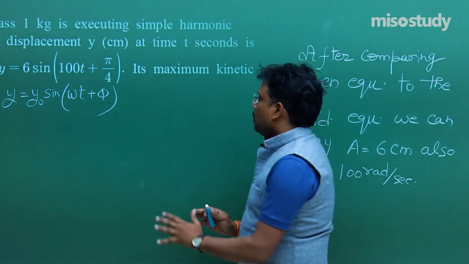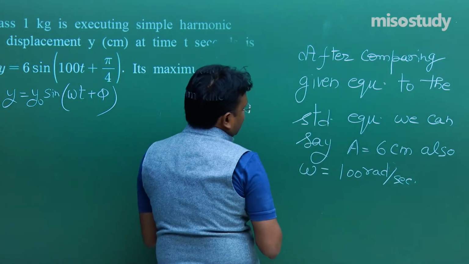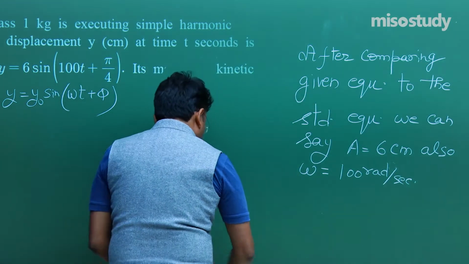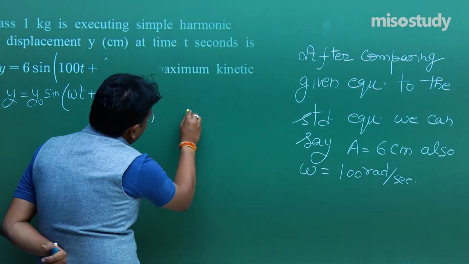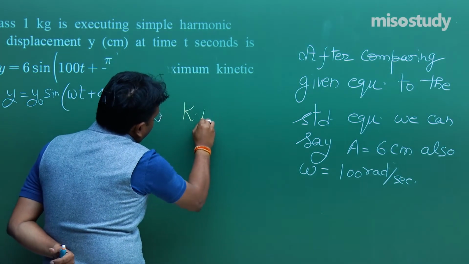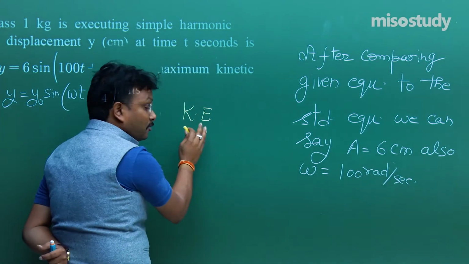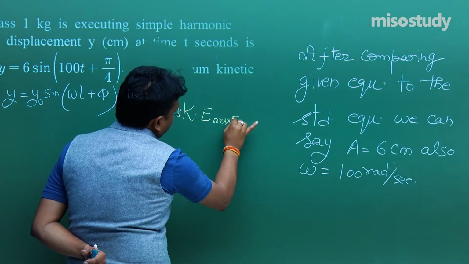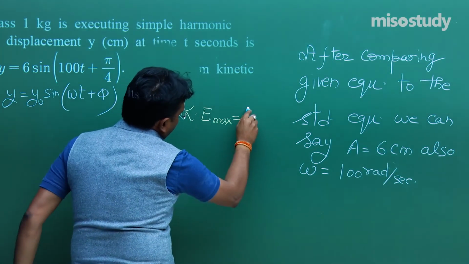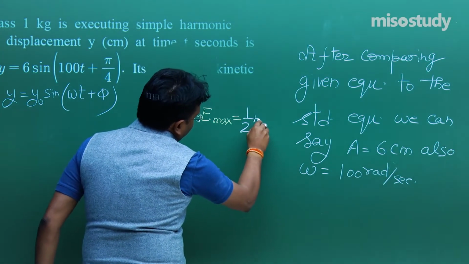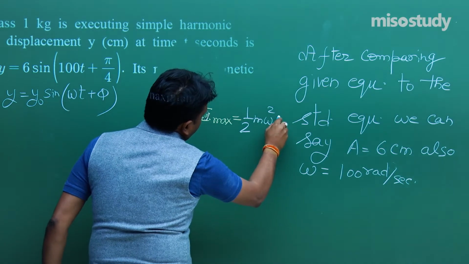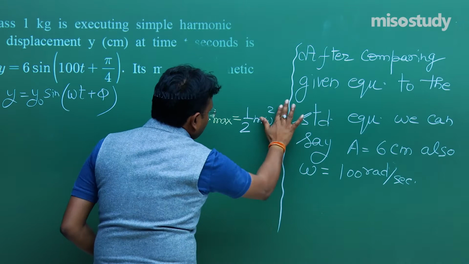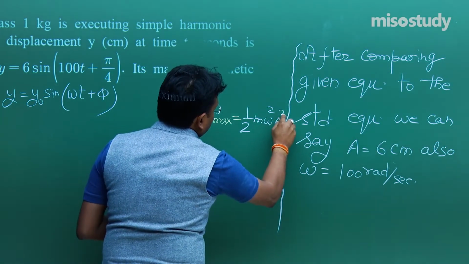Fine. So, as a separate explanation, just for the sake of the formula, kinetic energy, fine, this is for your reference, kinetic energy maximum is given by half m omega square a square. Okay. This is your formula.